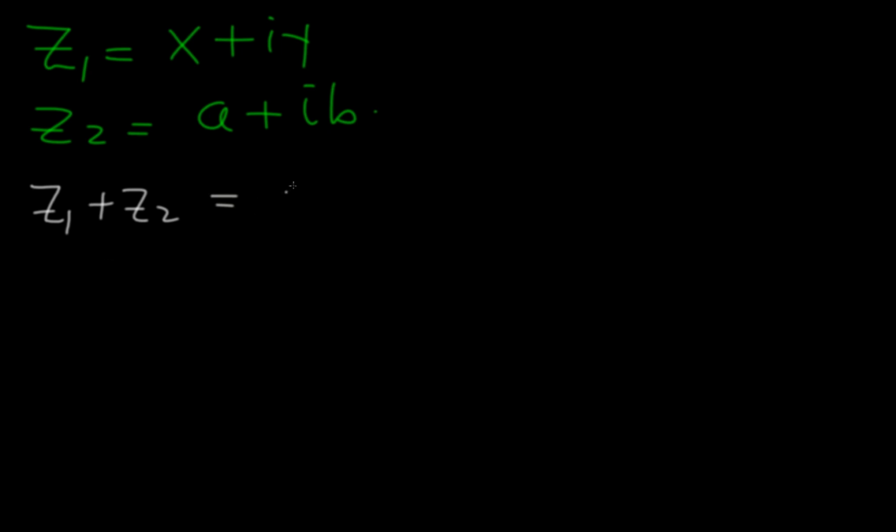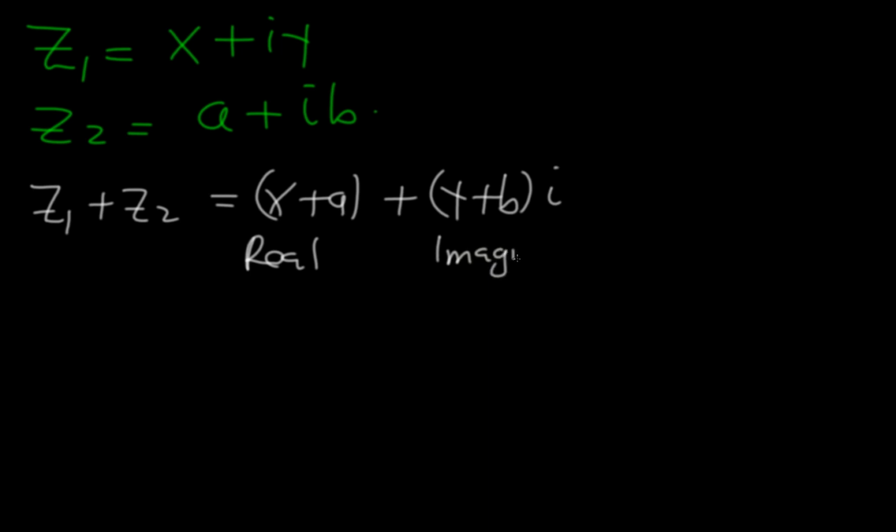Therefore, that is x plus a. So this is the real part of z1 plus z2. Then plus y plus b i, where y plus b is the imaginary part of z1 plus z2.